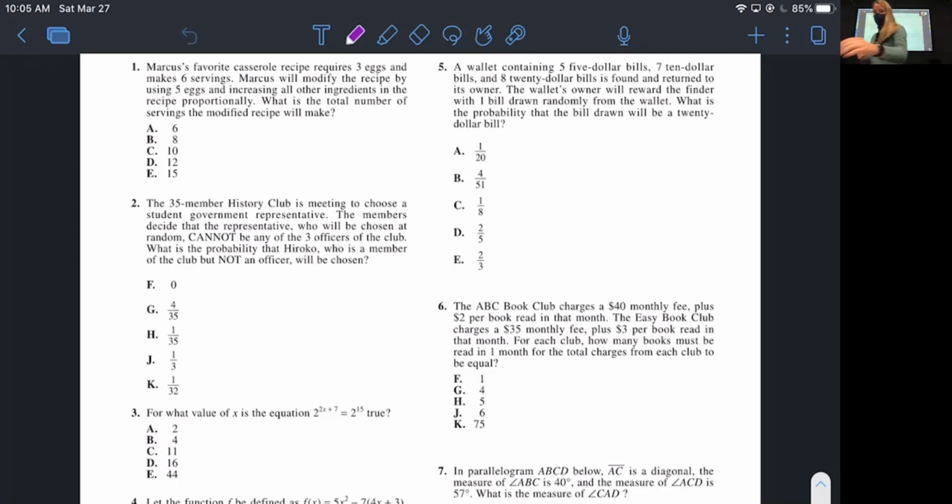All right, gentlemen, let's talk about these first 7.